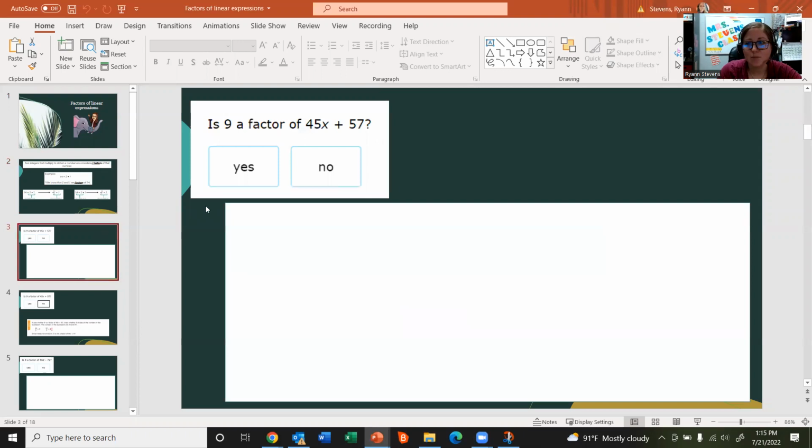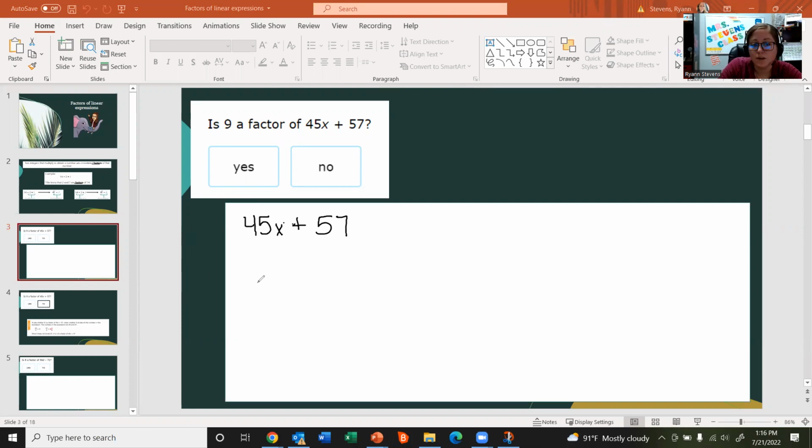So let's look at some examples of the styles of questions that you'll see. For this question, it wants to know, is 9 a factor of 45x plus 57? To decide, we look at this expression and check to see if 9 can be divided into all the numbers of the expression.